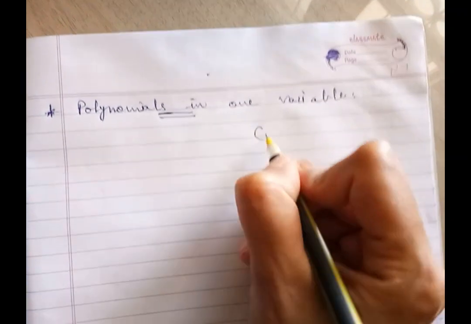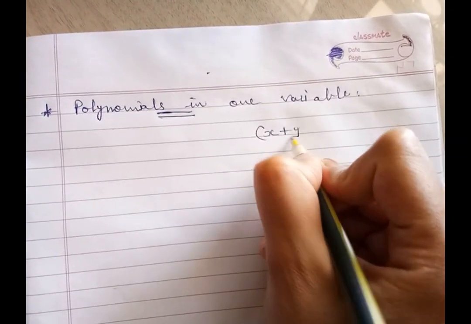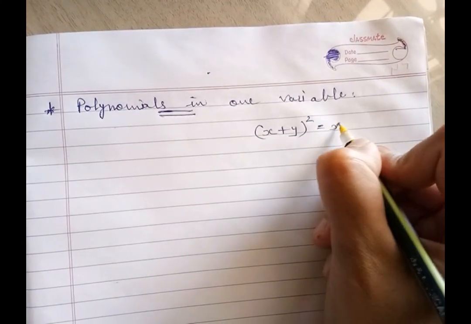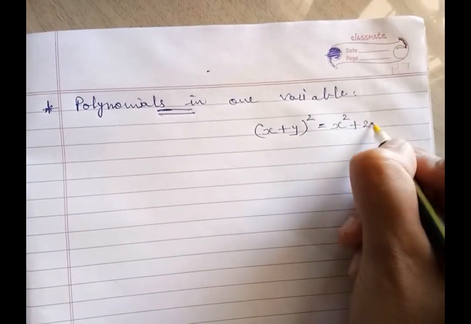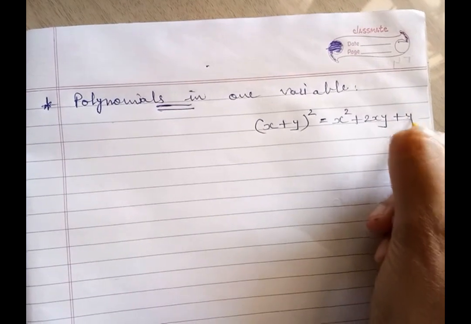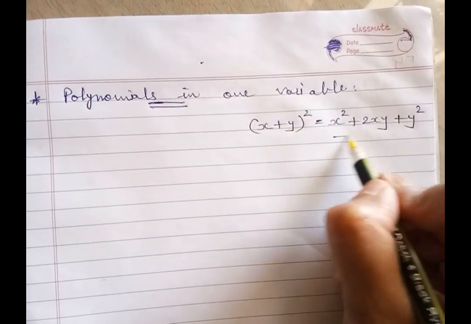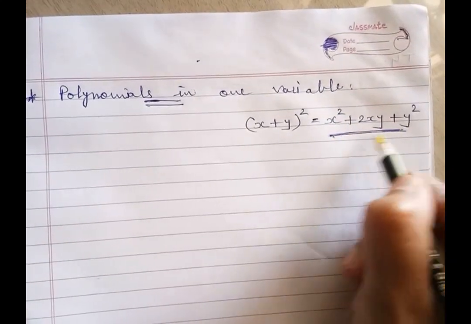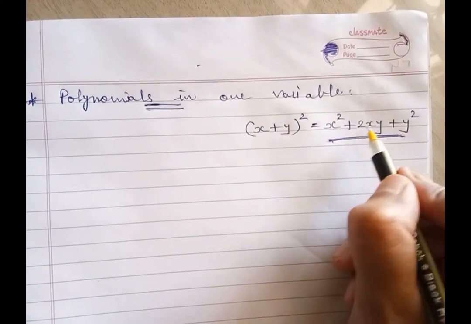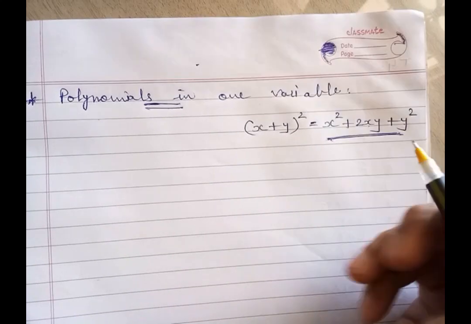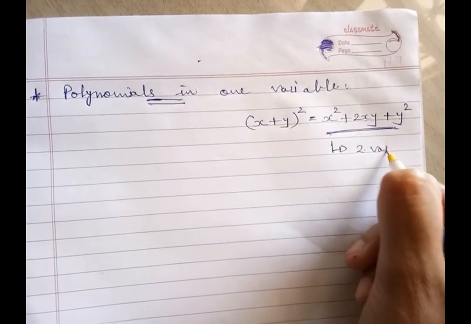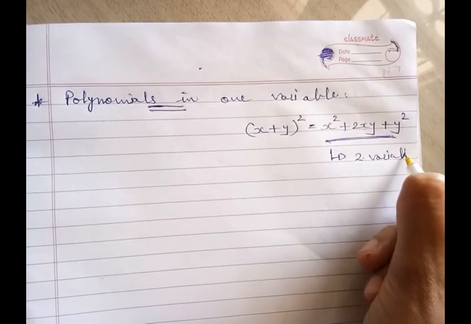In your previous classes you have learned some identities, that is (x plus y) whole square equals x square plus 2xy plus y square. Now can we say that this is a polynomial? Yes, this is a polynomial, but see the variables, it is x, it is y. That means this is a polynomial in two variables, right?